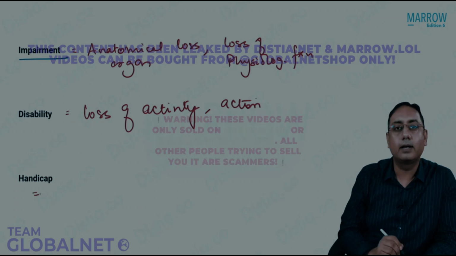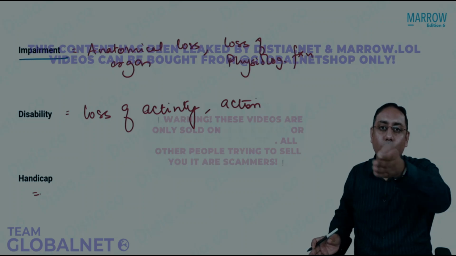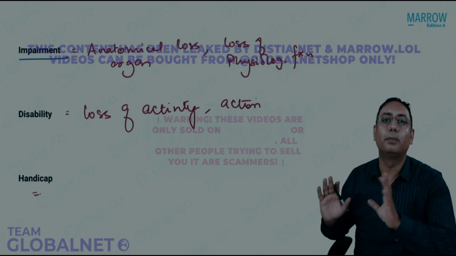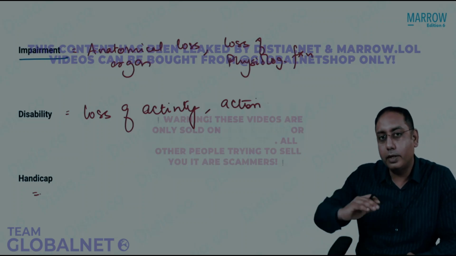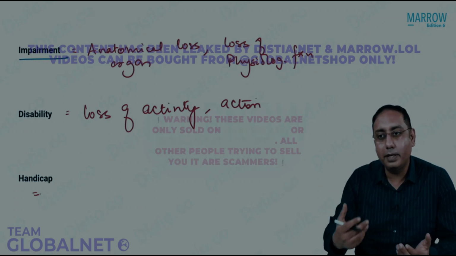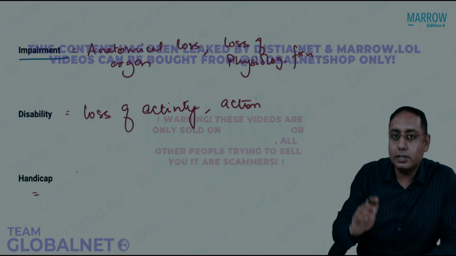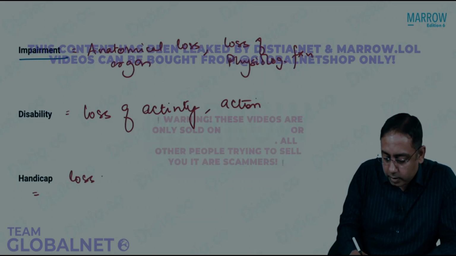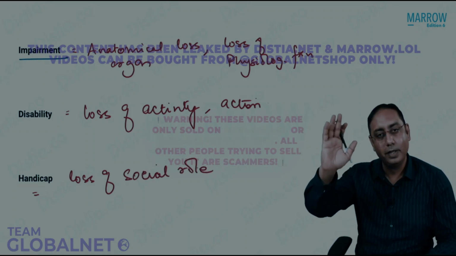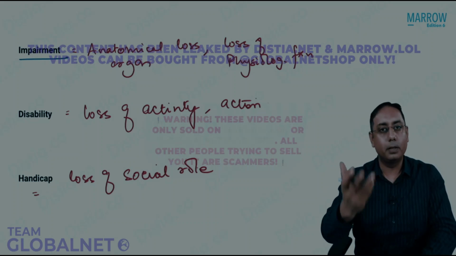What do you mean by handicap? Handicap is because he was disabled to write, you are able to write, you might be the best doctors in the country. That poor fellow could not even become a doctor. So now he wanted to be a doctor, but he is not able to become doctor, not because he doesn't want to be, it is because he's got an impairment and a handicap and a disability. So if there is loss of social role, he wanted to become a pilot, he wanted to become a doctor, he wanted to become a military person, army man, or he wanted to become a policeman.